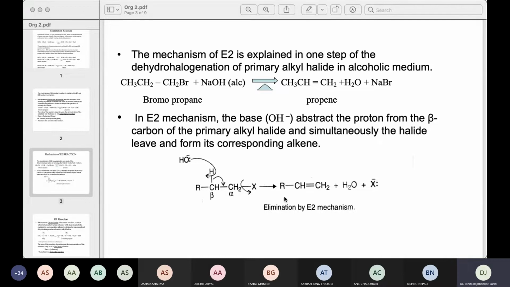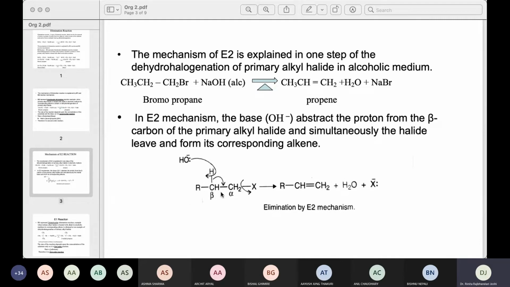So for that I have taken this as an example for you. If you are interested in the formation of ethene, then instead of R you write H so that you get ethene. If you need propene, then you write CH3, or for higher alkenes you can write C3H7 or C4H9, so that you get the corresponding alkene.